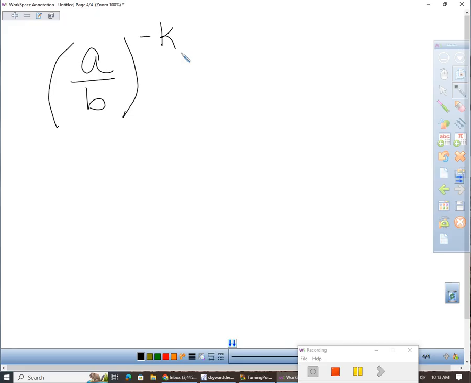Now, technically, we've talked about this. You would give that negative exponent to everything. Well, what's going to end up happening if I have a to a negative exponent and b to a negative exponent? They flip places, right? So our rule can actually be that we're going to flip them and make our exponent positive.